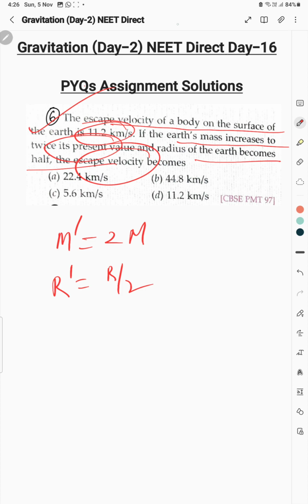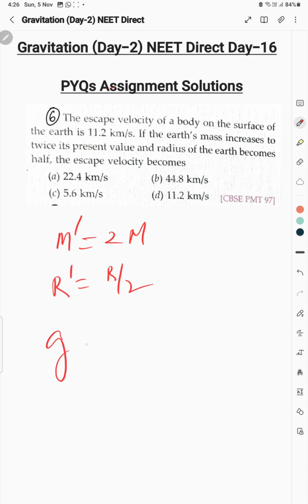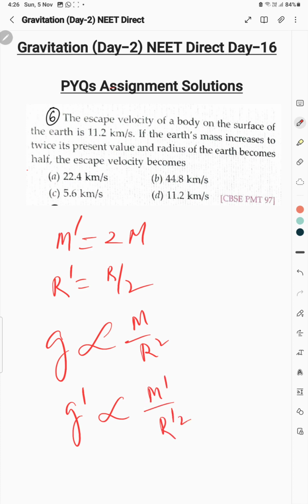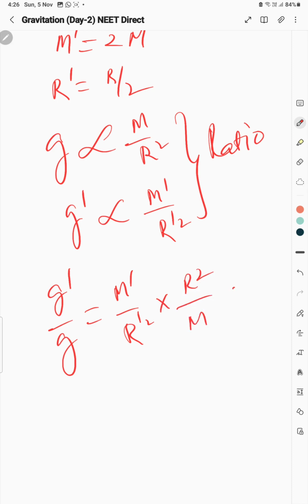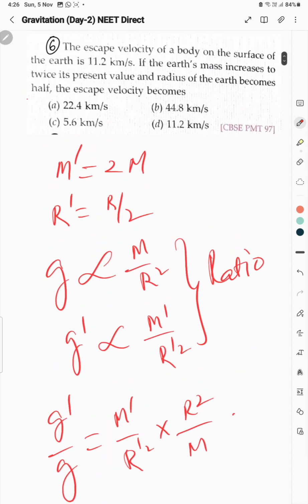Well, to simplify such a question, you first will have to find the value of g. As per the standard formula, g is given by this, and g prime is the changed value. That will be like this. Take the ratio of these two equations. Now put in these values which are given here.